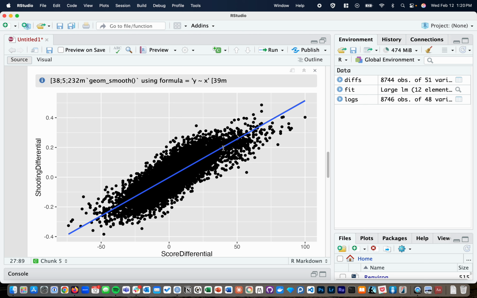Now, what a residual is, is the distance between this dot here and this line. So this is a team that won by more than 50 points, but the shooting differential here was almost 0. They barely outshot each other.